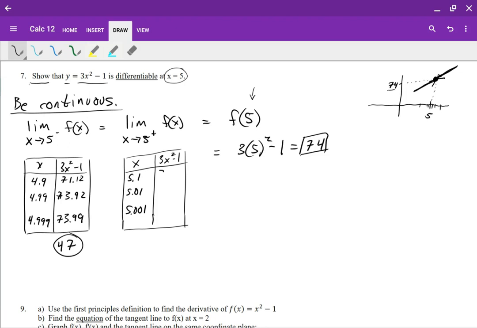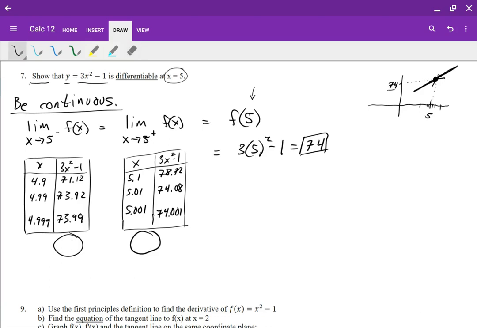Over here, you might get like 78.72 or something like that. And then you might get 74.08. And then you might get 74.001, or something like that, right? And you'd be like, okay, of course, that is also approaching 74, right?